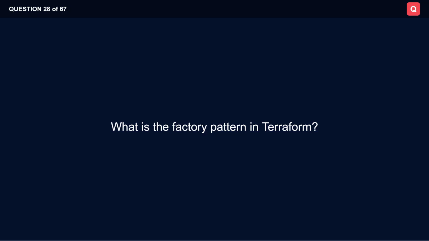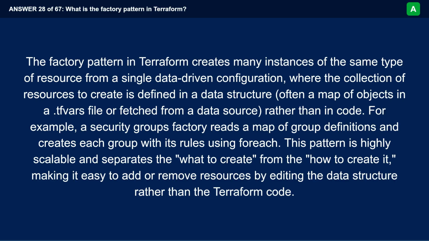What is the factory pattern in Terraform? The factory pattern in Terraform creates many instances of the same type of resource from a single data-driven configuration, where the collection of resources to create is defined in a data structure, often a map of objects in a tfvars file or fetched from a data source, rather than in code.